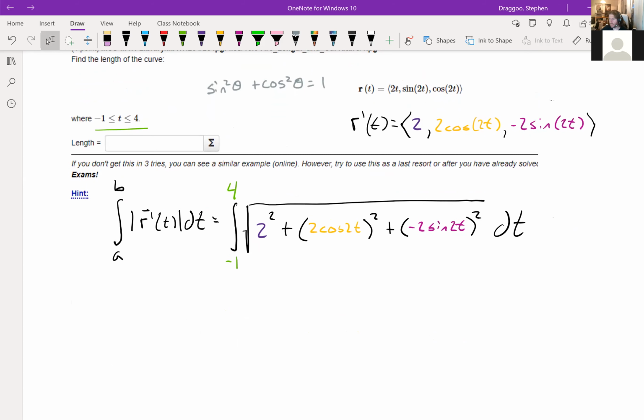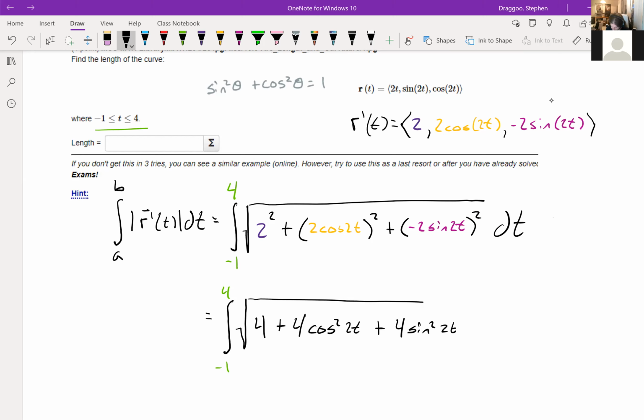Cool. Well, let's take a look at what shakes out. This will be the integral of, we're still going from -1 to 4. I'm still going to have some square root in here. I'm looking at 4 plus 4 cosine squared 2t plus 4 sine squared 2t. Draw that hat on right there.